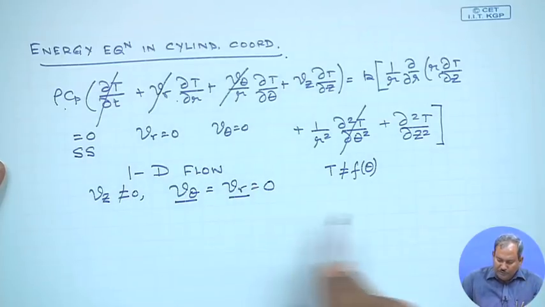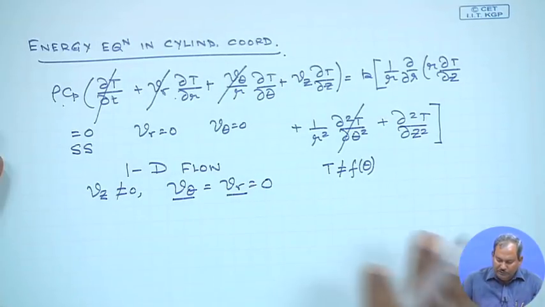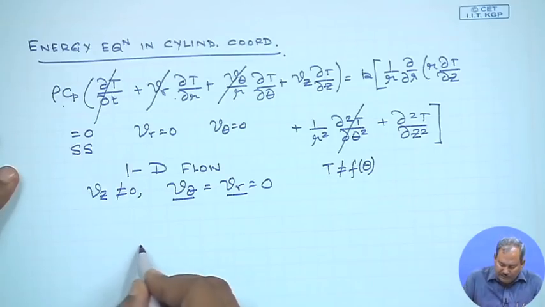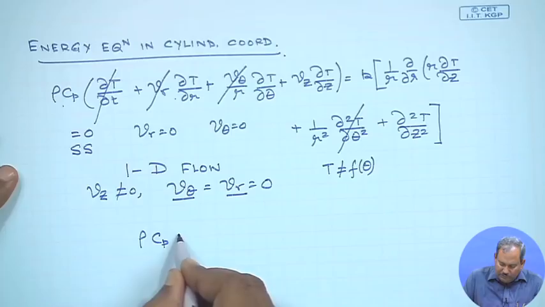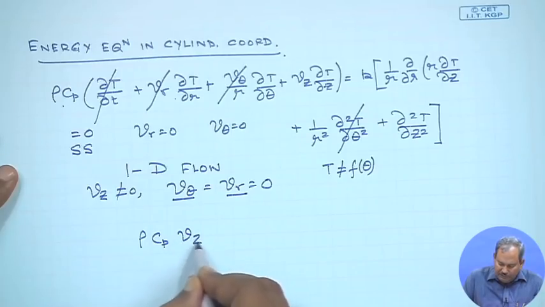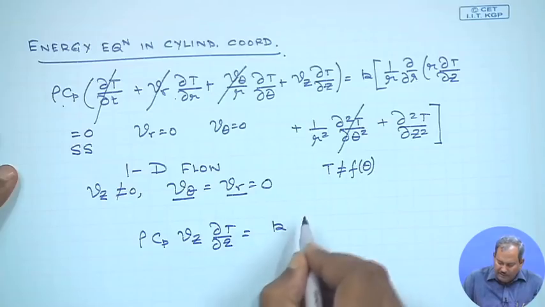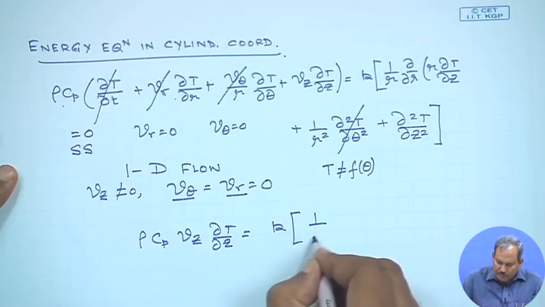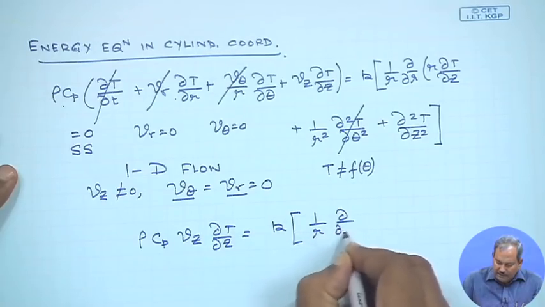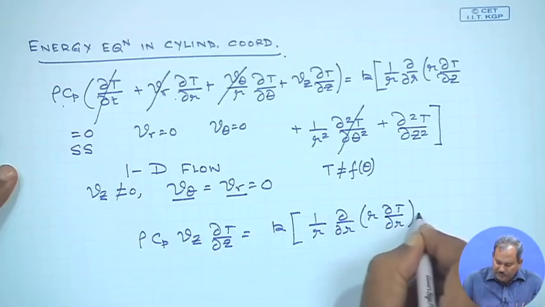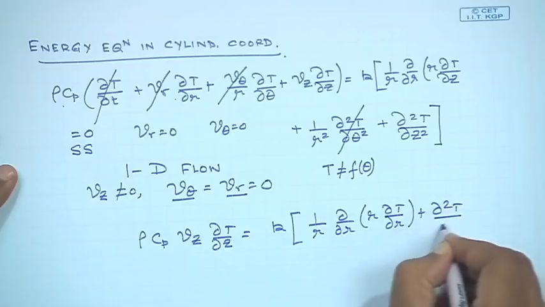So, simply by following the flow situation and the heat transfer that we have here, what we have is rho Cp times Vz del T del z is equal to k times 1 by r del r of r del T del r plus del 2T by del z square.